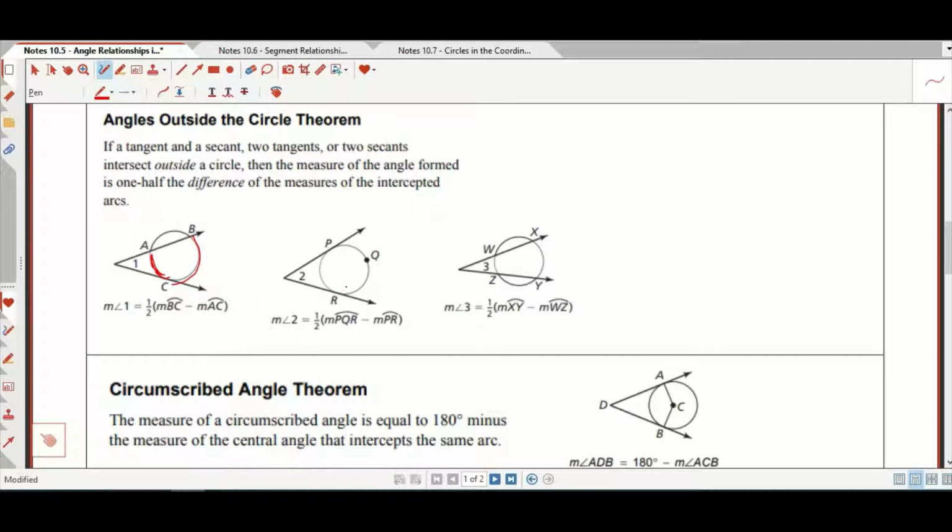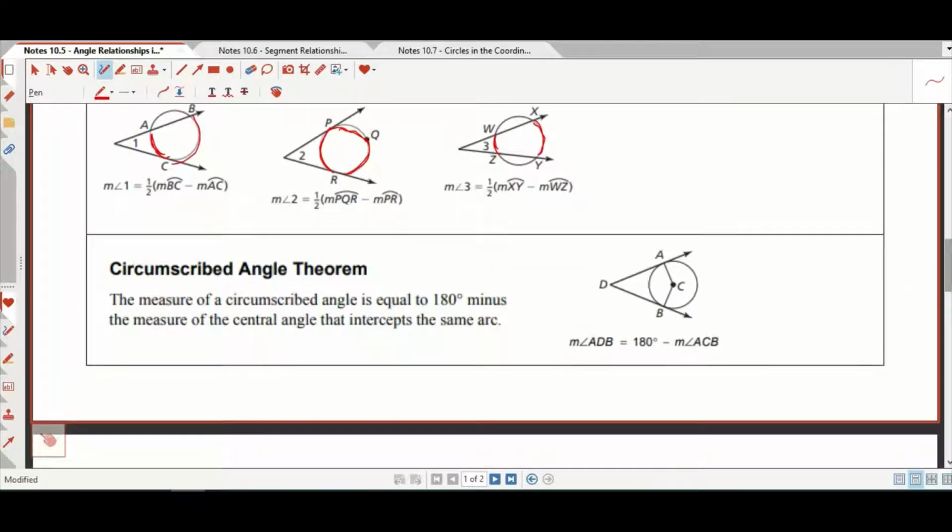In this, the measure of angle 2 is half of the difference between PQR minus MPR, or a measure of PR, excuse me. And angle 3 is half of XY subtract WZ. Half of the difference between those.